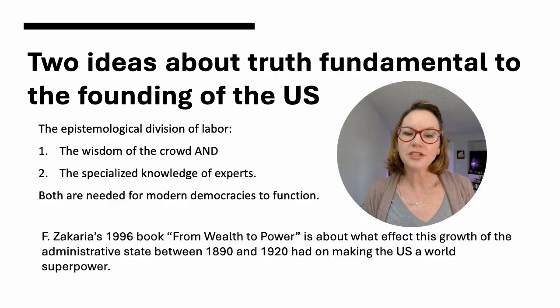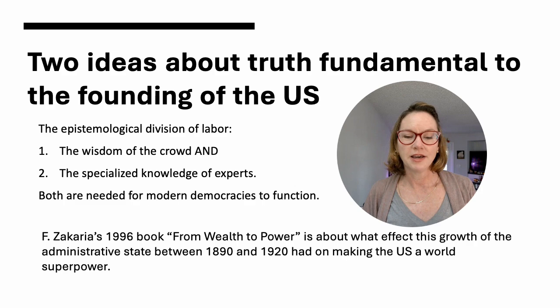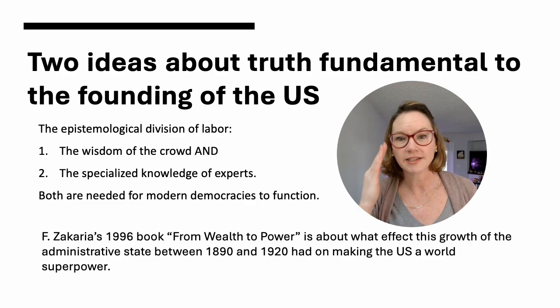Okay, so the two ideas about truth that are fundamental to the founding of the US and all modern democracies are these. She calls it the epistemological division of labor, all right? And it's one, the belief in the wisdom of the crowd, along with two, the specialized knowledge of experts, okay?